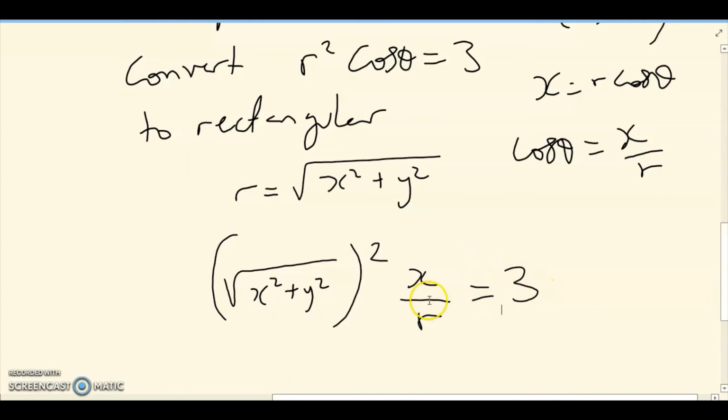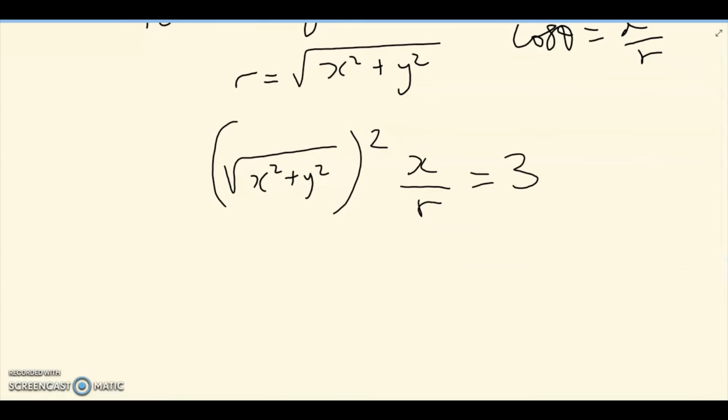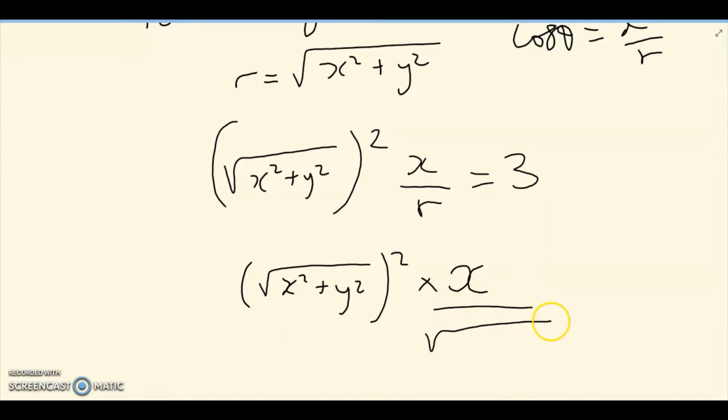And remember, we don't want an r there, so we replace the r again. We have root of x squared plus y squared, squared, times x over root of x squared plus y squared, which equals 3.